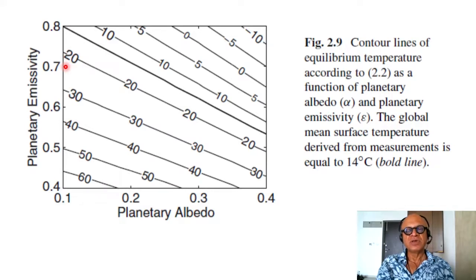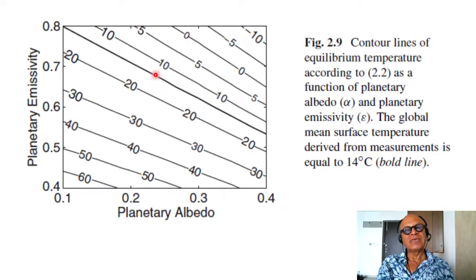So what happens? You can choose different albedos and different emissivities to get different temperatures, going from 60, 50, 20 down to 14, or you can go below to -10 as we would get if we had no atmosphere.